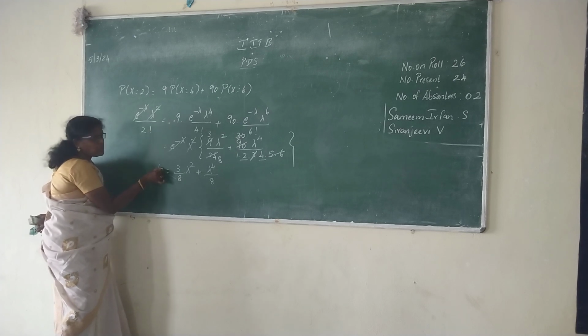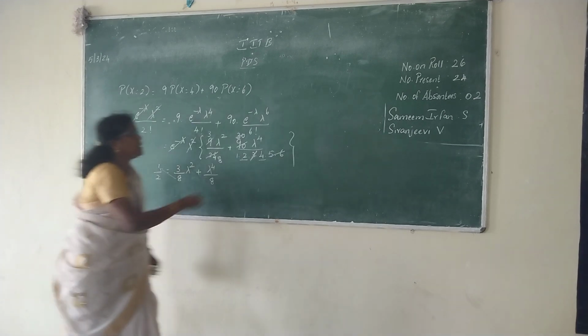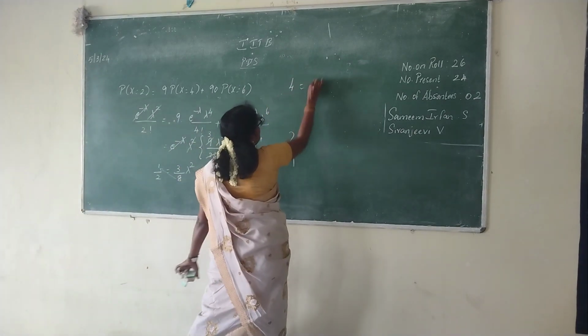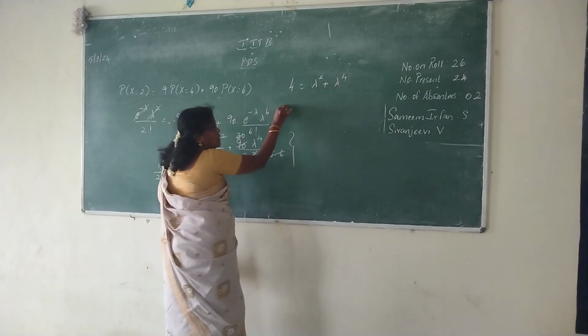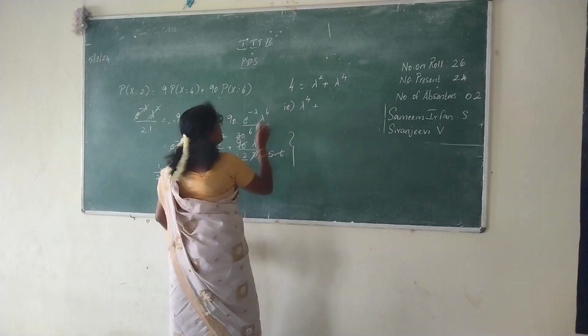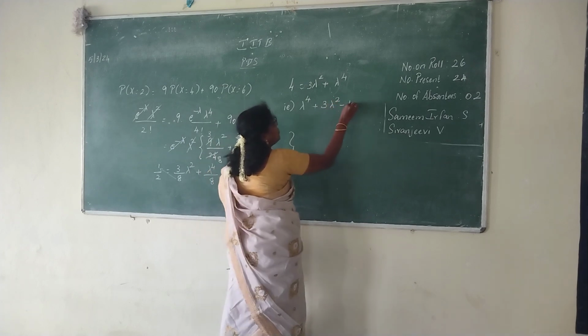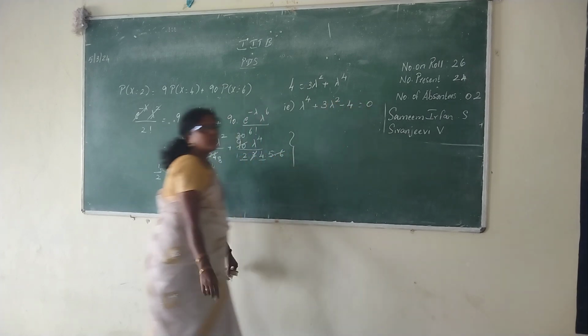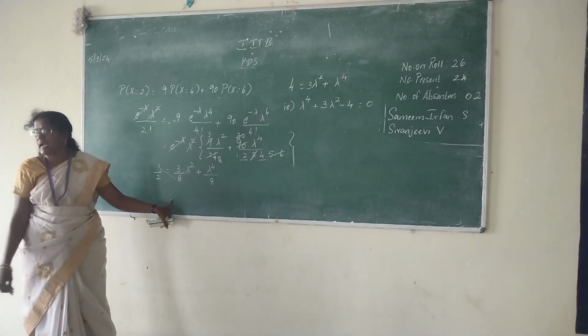What will you get? 8 will come here. What is 8 by 2? 4. So you will get 4 equal to lambda square plus lambda power 4. That is, we can rewrite this as lambda power 4 plus 3 lambda square minus 4 equal to 0.